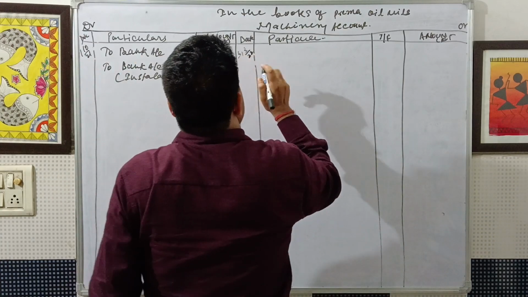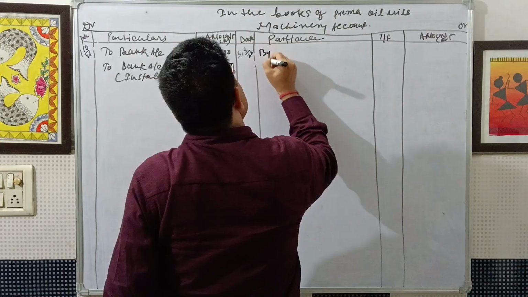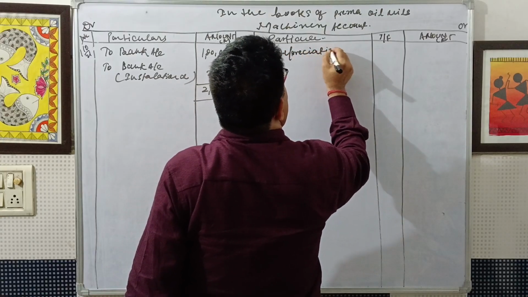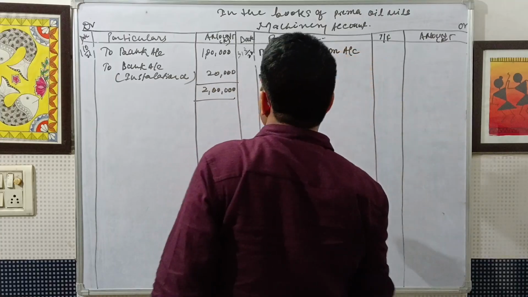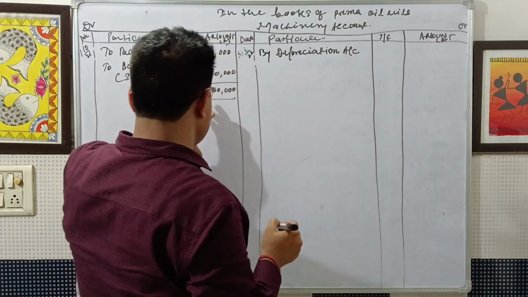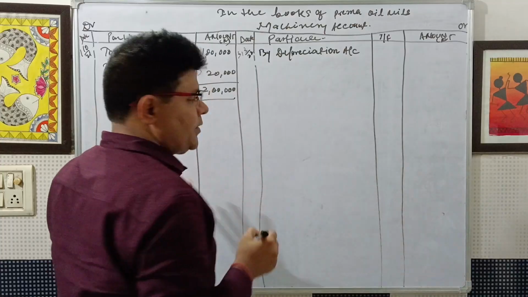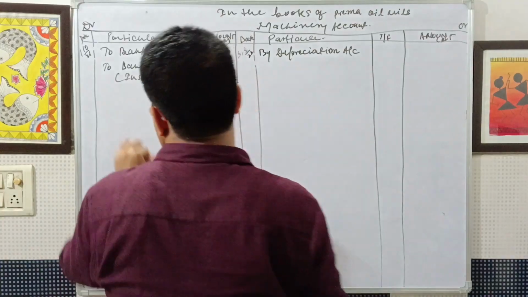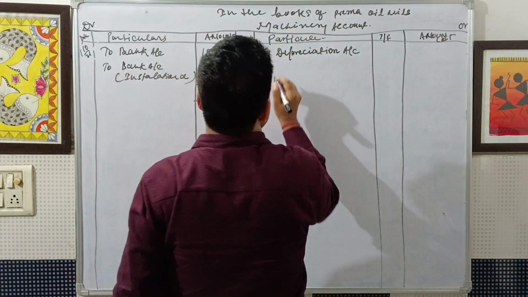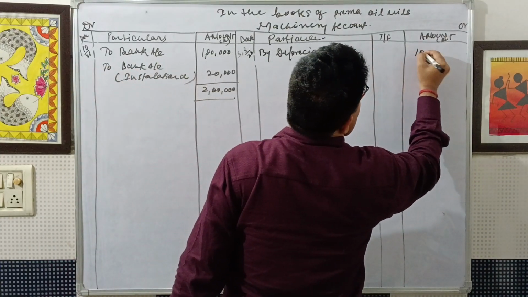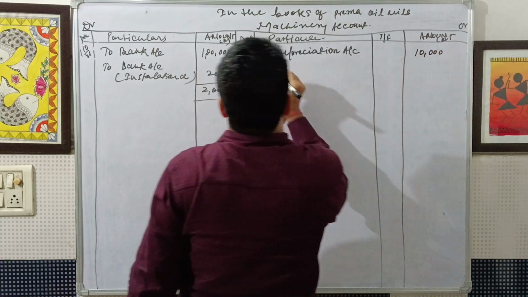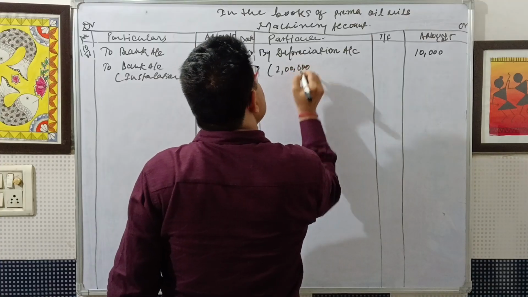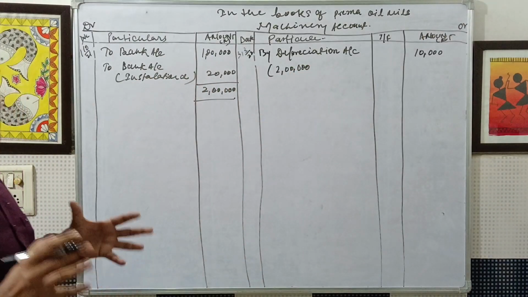So on 31st March 2022, by depreciation account. How much depreciation? Because 2 lakhs is the cost and 10%. So 2 lakh into 10%, how much? 20,000. But we have used only 6 months, so 10,000 is the depreciation. How to calculate? 2 lakh. Why 2 lakh? Because depreciation equals, what is the formula?